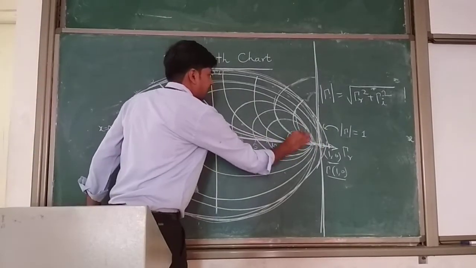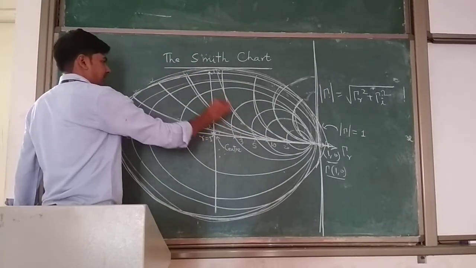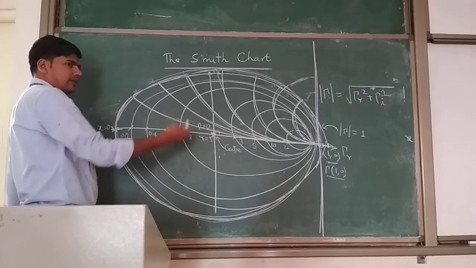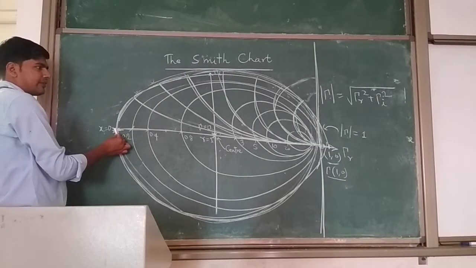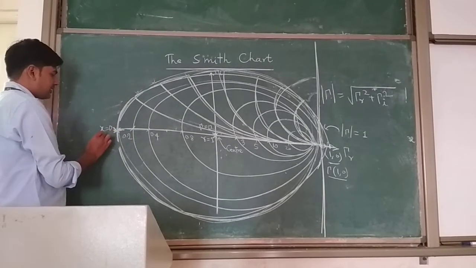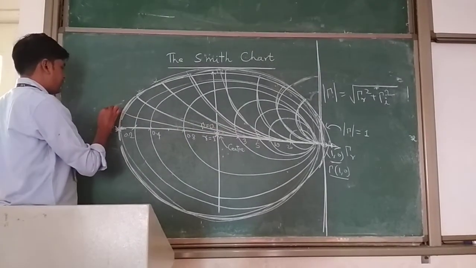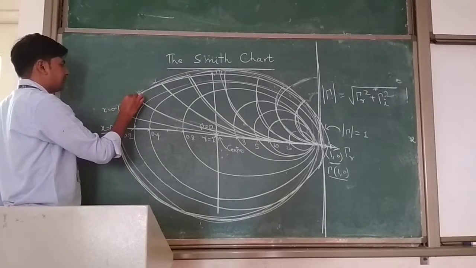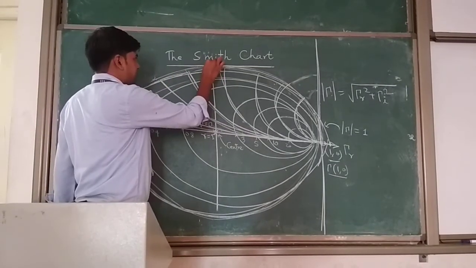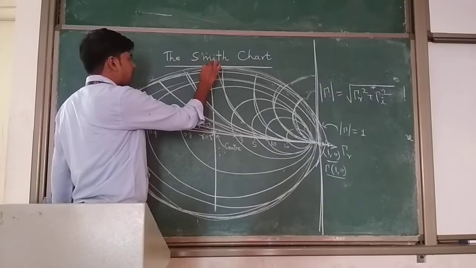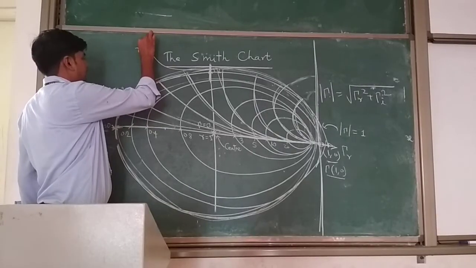This is the smaller circle, then larger, larger, larger, and if you keep on increasing the radius, the last circle will be a straight line. That straight line means x equal to 0. Moving towards this, it will be x equal to 0.1, 0.2, 0.3, 0.4, and finally at this point you have x equal to 1.